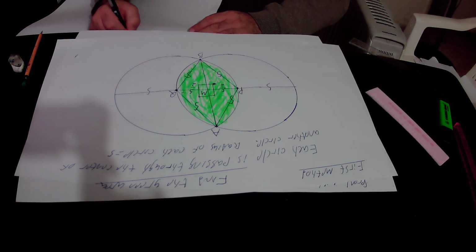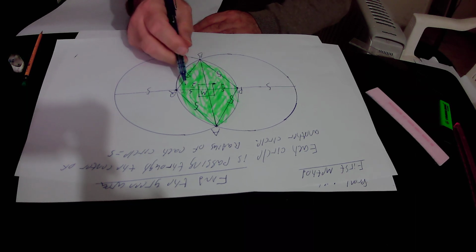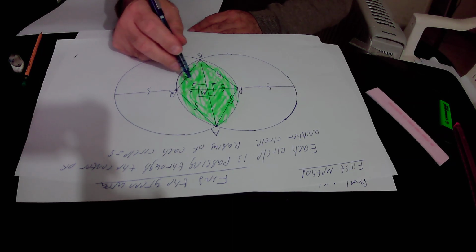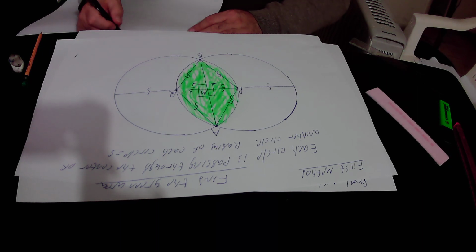Cosine theta equals, in triangle AMQ, the right triangle, MQ over AQ.